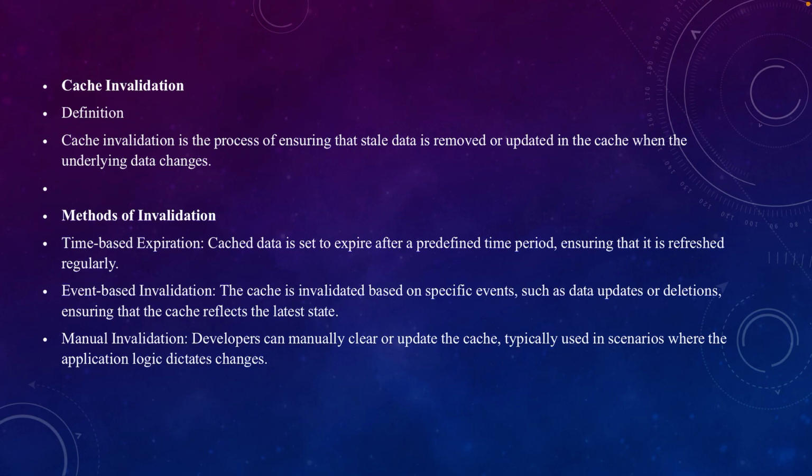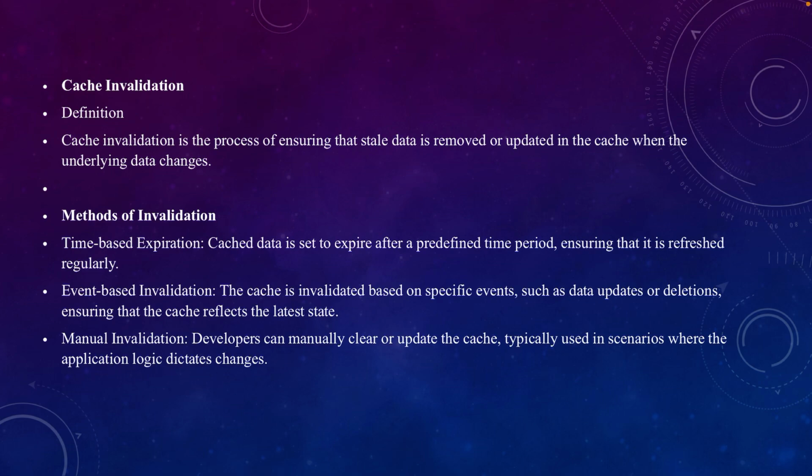And we move to event-based invalidation. The cache is invalidated based on specific events, such as data updates or deletions, ensuring that the cache reflects the latest state.